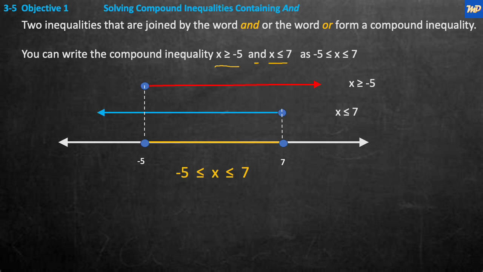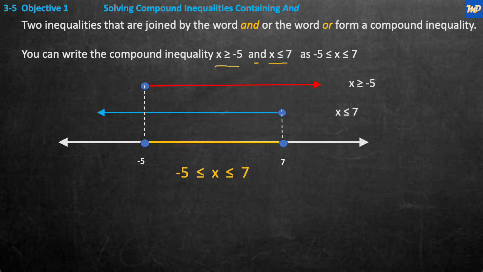And you can write it as negative 5 is less than or equal to X is less than or equal to 7. So with the and, we've stuck the X in the middle here, right? And it's greater than the lower value, the left-hand value, the negative 5, and the X is less than the 7, okay?